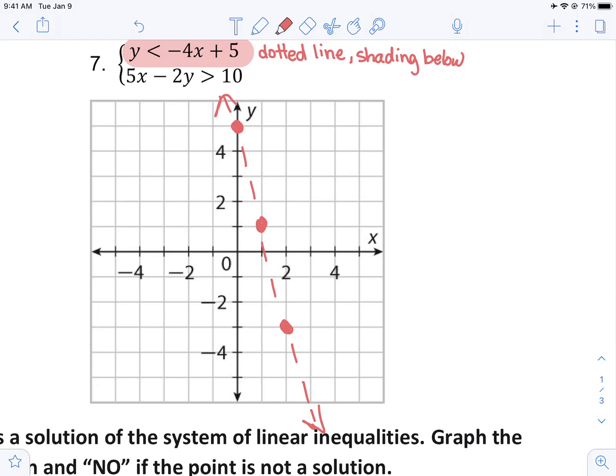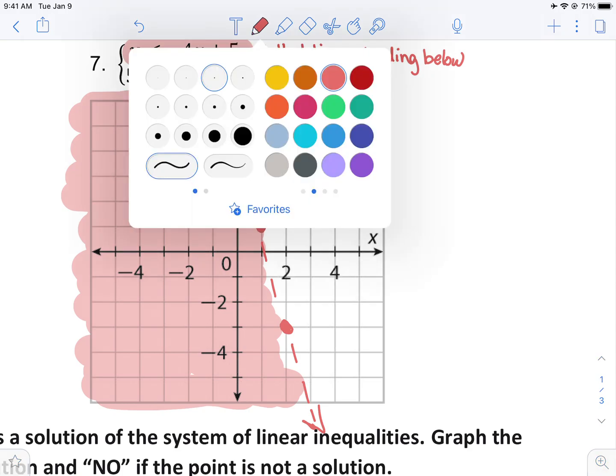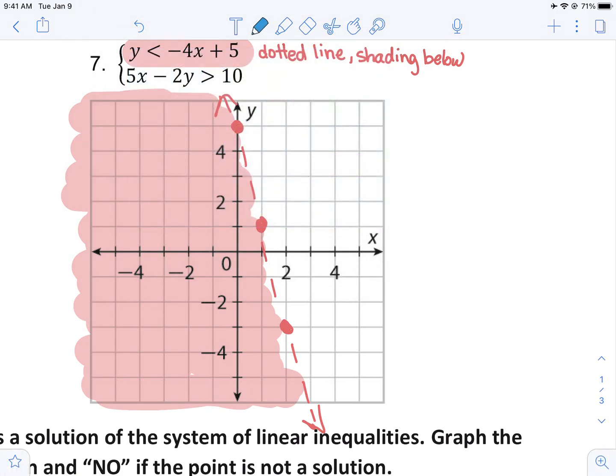And I want to shade below, so that's this area right here. Okay. Now I'm going to do the second inequality symbol.